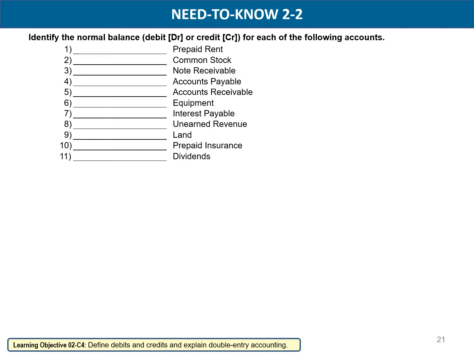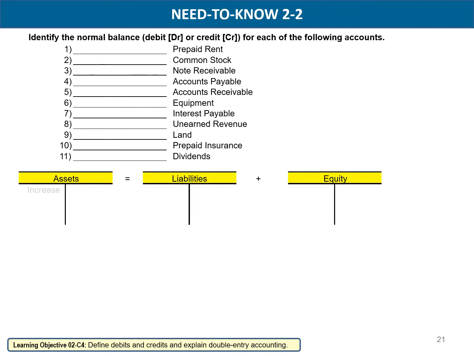On the flip side, if a credit increases the account, it has a normal balance of a credit. Okay, so we can put some clues up here on the slide. In order to increase assets, we have to put a debit on the left side of our T account. But the contrary is true for liabilities and equity. Okay.